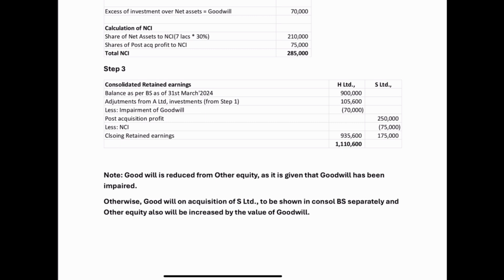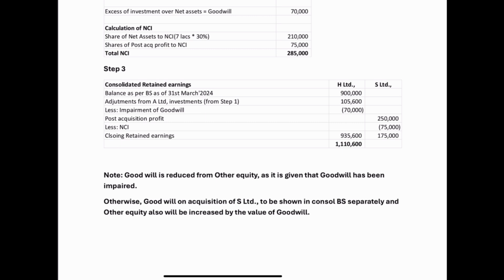Okay, and from here we also need to reduce the goodwill impairment. So from S Limited we have computed goodwill is 70,000. Since this has been impaired, this will have impact to the other equity of H Limited. So we have to reduce 70,000 here. Okay, so these three together will be the closing other equity from H Limited. So 935,600 is the closing other equity from H Limited.